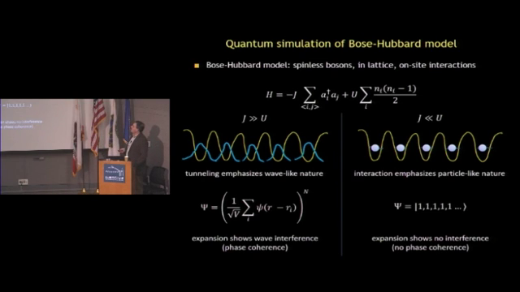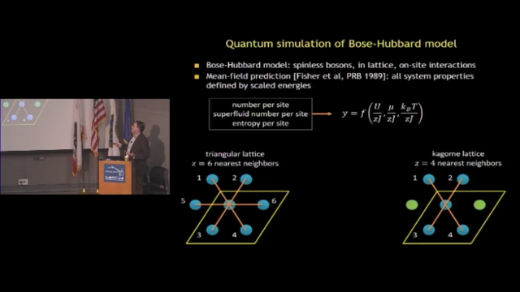It turns out that the simplest way to treat the Bose-Hubbard system is to apply a Weiss-type mean field theory to the problem. The outcome of that very simple treatment, so simple that it's hardly described in the paper that introduced it, is that all the properties of the Bose-Hubbard system, which are, let's say, the number of atoms per site, the number of superfluid atoms per site, or the entropy per site, are all functions of scaled energies.